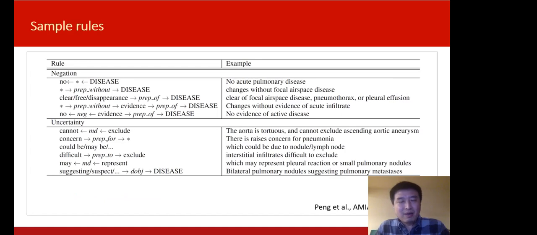For uncertain findings detection, the common rules include cannot exclude, concern for, could be, maybe, or difficult to. Those rules frequently appear in the radiology reports.